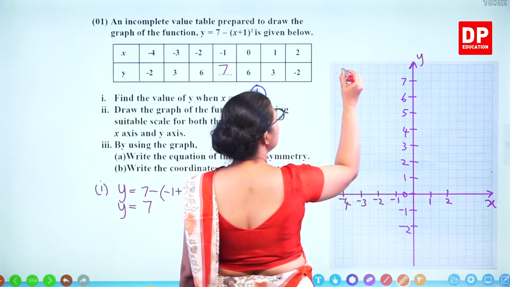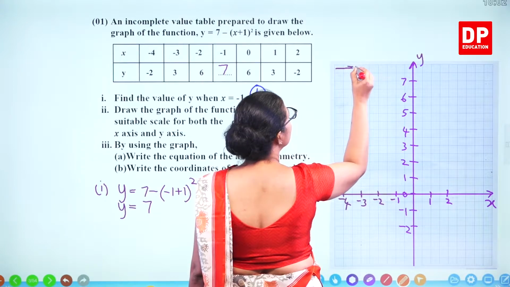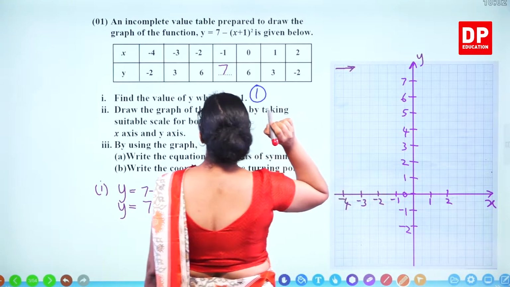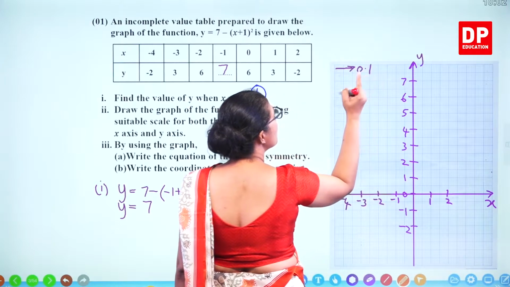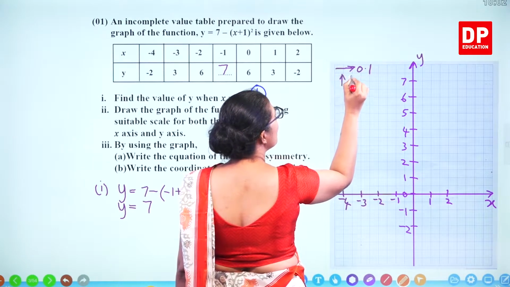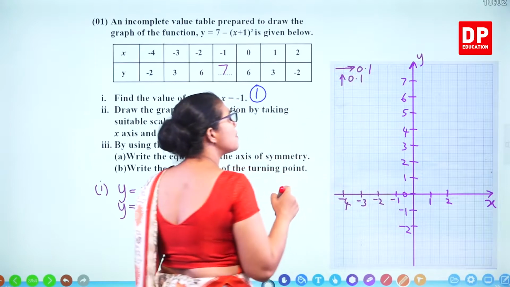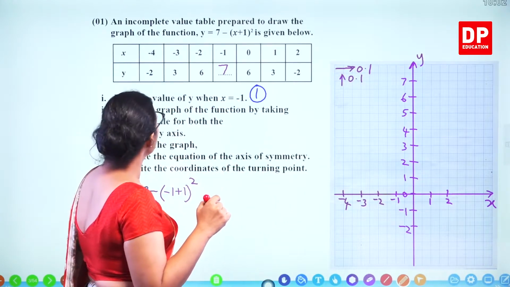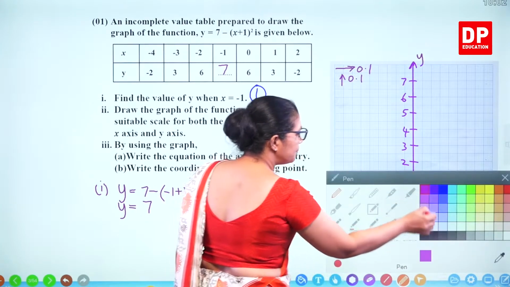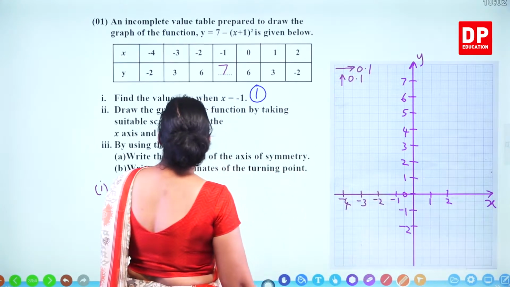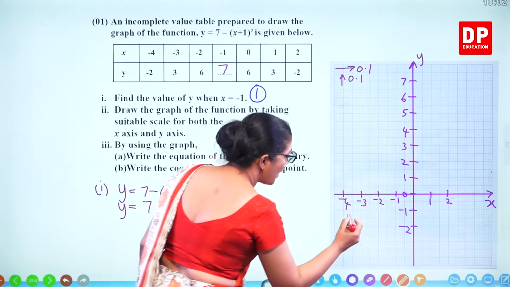So this way, 1 over 10, 0.1. 1 square represents 0.1. And now we can mark the points. Minus 4, minus 2.